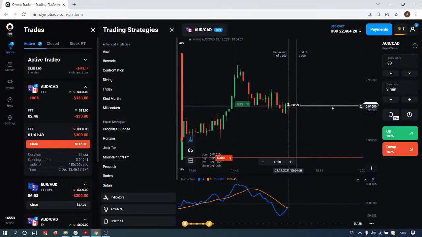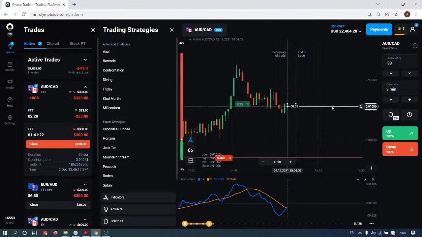and something very simple, very exact, very precise, because oftentimes with trading strategies, sometimes you don't really know when exactly to open a trade. This trading strategy doesn't have these flaws.